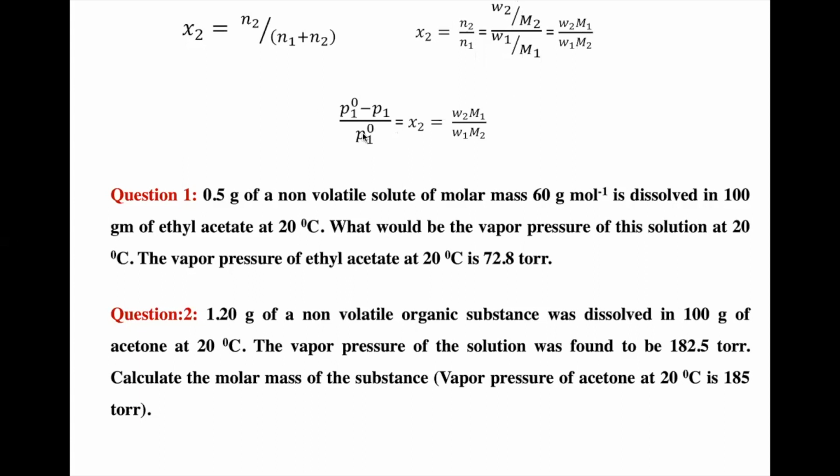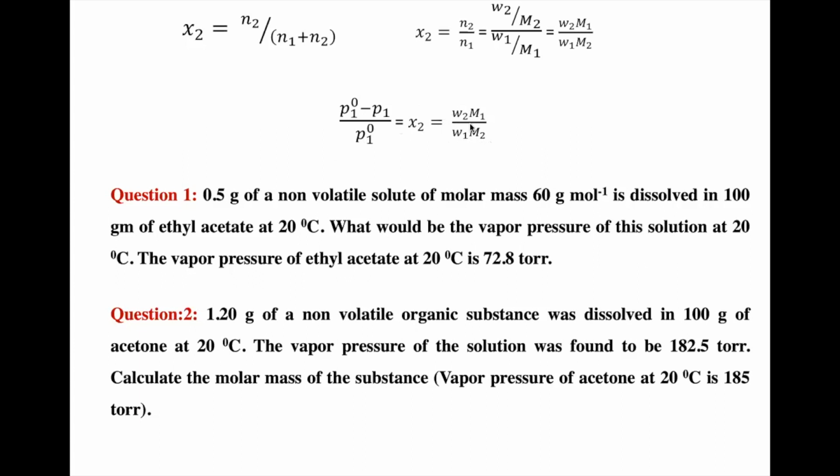Now the final resulting equation you can write is P1 naught minus P1 divided by P1 naught is equal to X2, which is equal to W2 M1 upon W1 M2. This is the final mathematical equation for the lowering of vapor pressure.